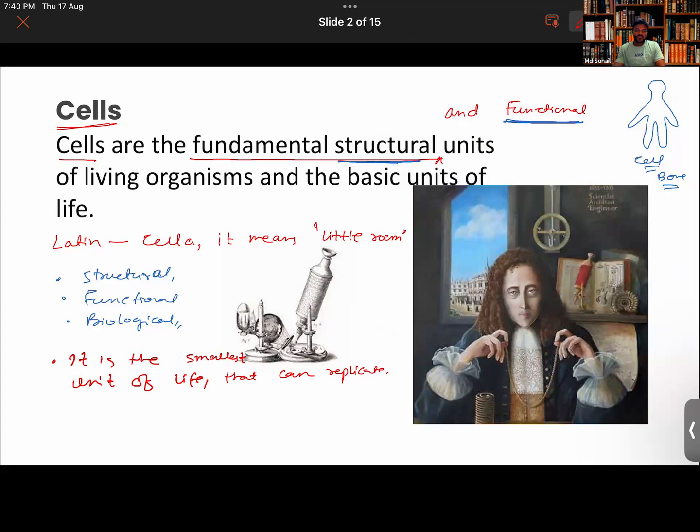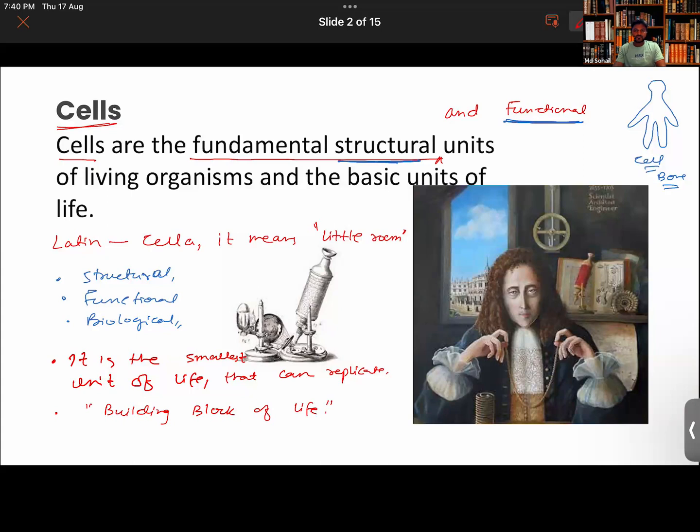Building blocks of life. For example, the building blocks of a building are what? They are bricks. So for humans, or for life on earth, the cell is also called the building block of life. They're like atoms.